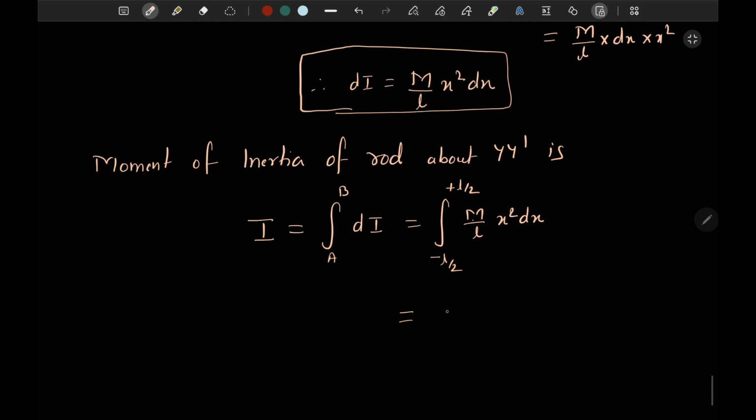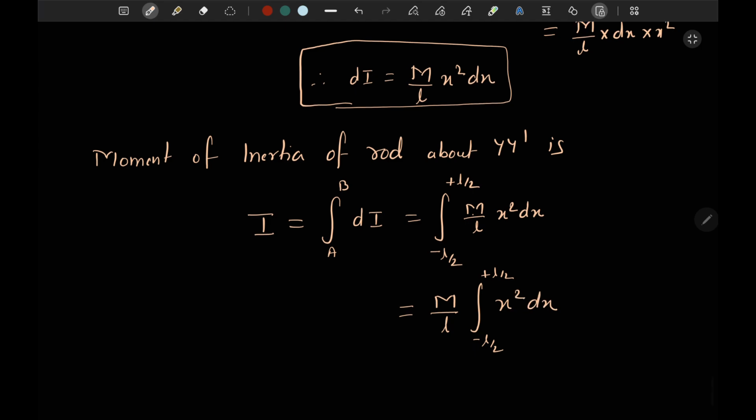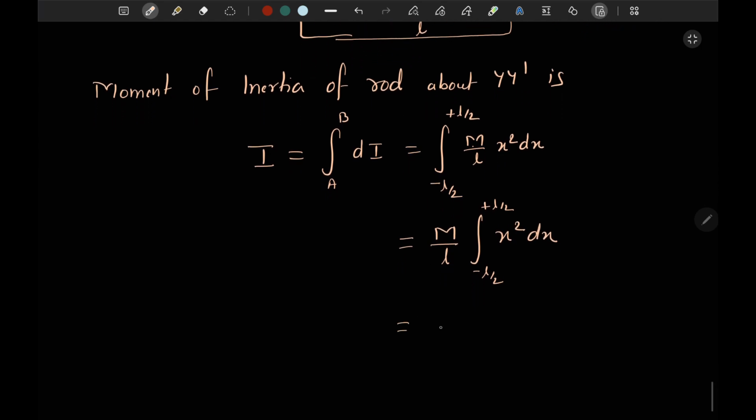Now solving mathematically, m by L is outside being constant, and we integrate from minus L by 2 to plus L by 2 of x square dx. The integration of x square dx is x cubed by 3, from minus L by 2 to plus L by 2.